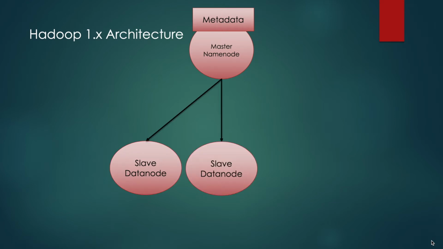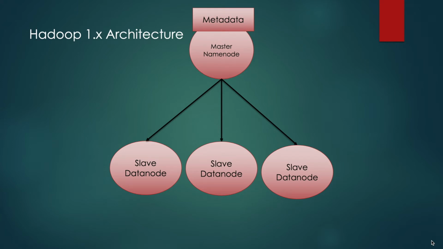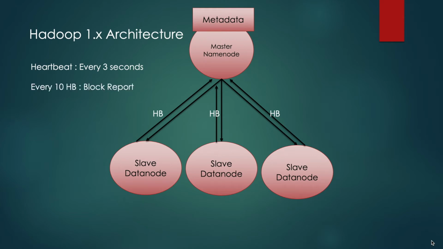Let us assume we have three data nodes in this scenario, and these data nodes will be sending a heartbeat signal to the master or the name node, telling that the data nodes are available and not down. This heartbeat will be sent every 3 seconds, and for every 10 heartbeats a block report will be sent by the data nodes to the master node. This block report contains all the block information that is present in the particular data node.